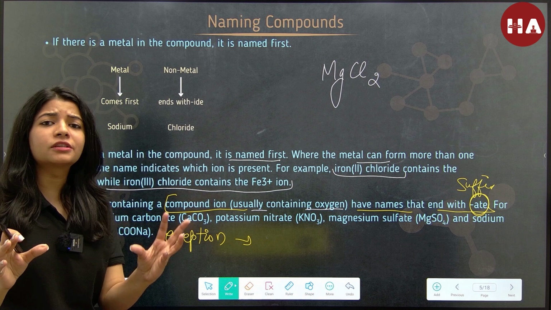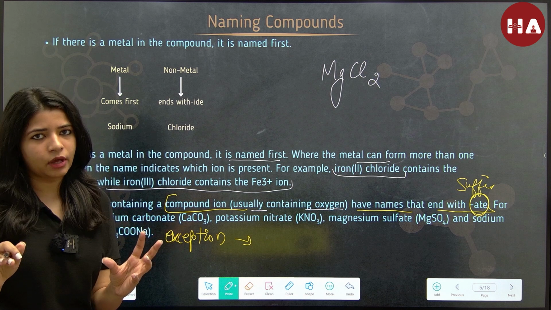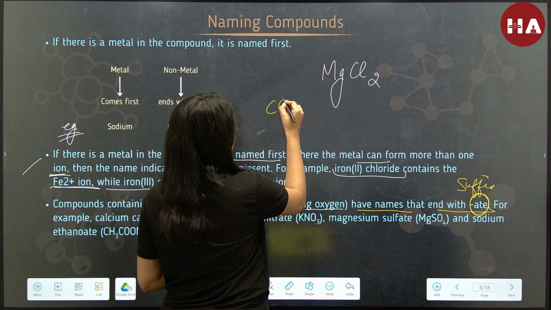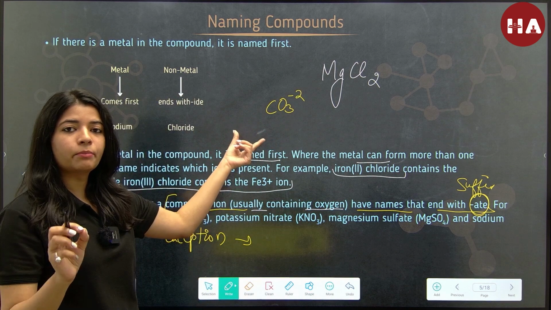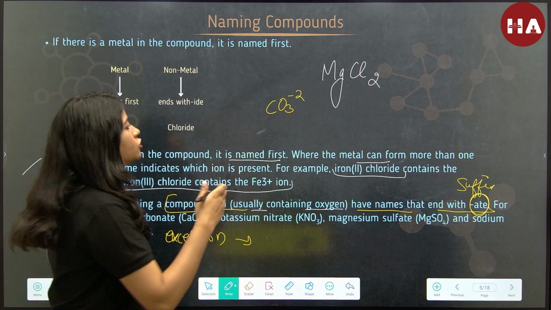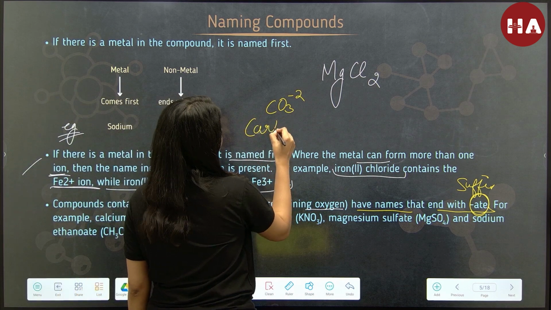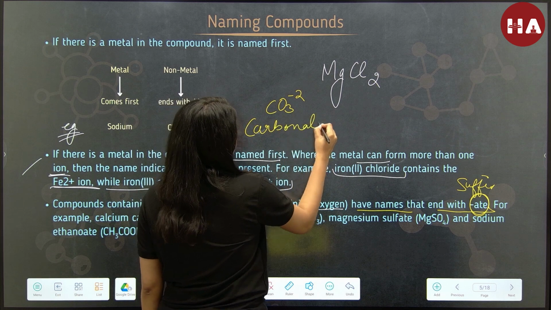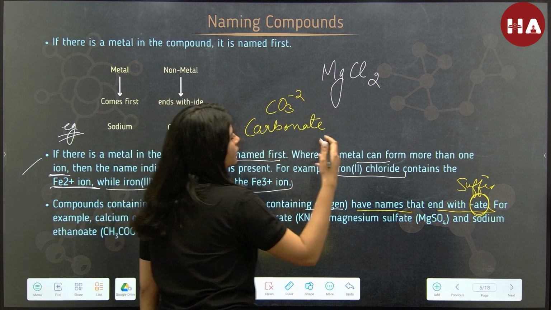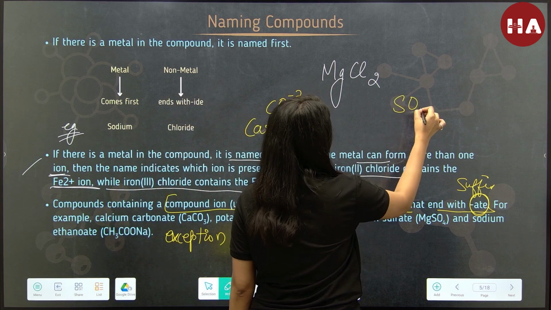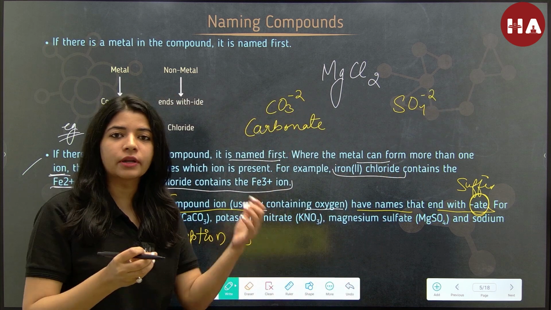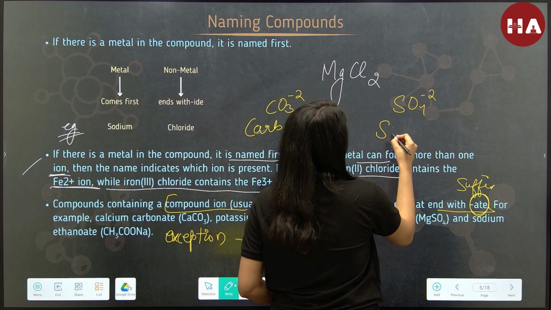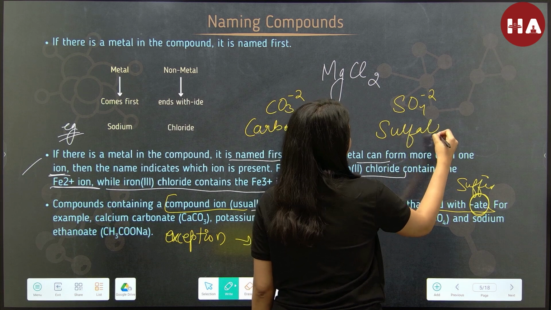When there is oxygen present in any compound ion. For example CO3 minus 2 has oxygen present. This is a compound ion having oxygen, so its name will be carbonate, right? Similarly, another compound ion, let's say SO4 minus 2, has oxygen in it, so I will call it sulfate.